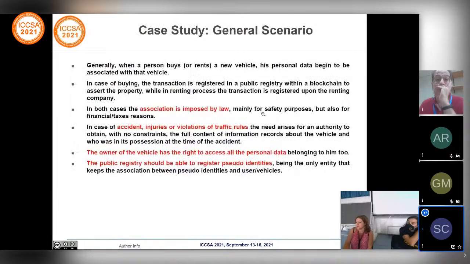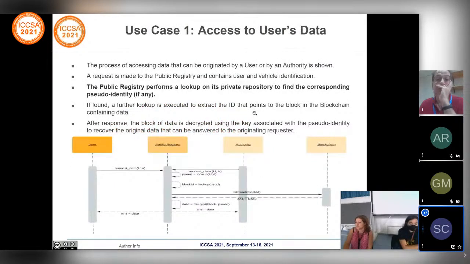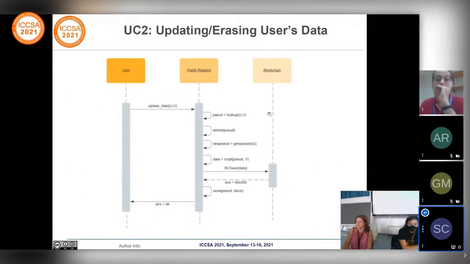This use case can be seen in this sequence diagram, in which a user asks for updating his data to a public registry, and there are some particular steps that can be performed in order to reverse the data, recover the original data, and afterwards change or delete it.